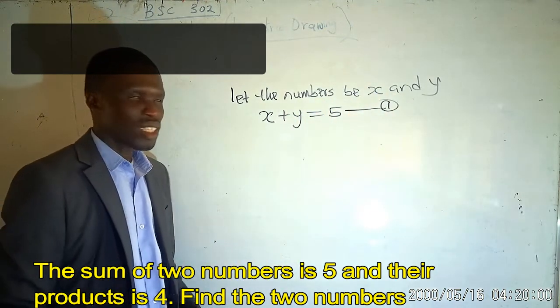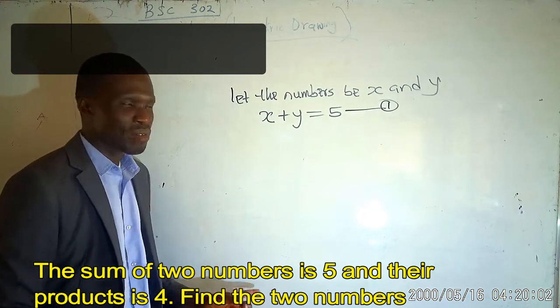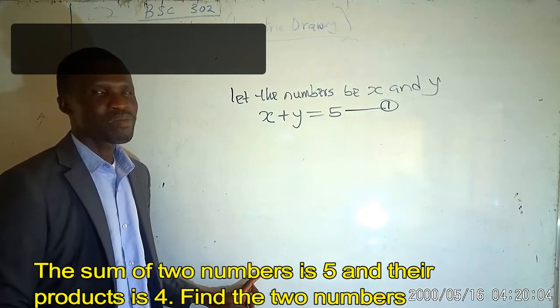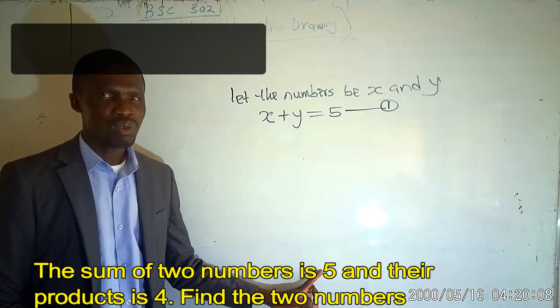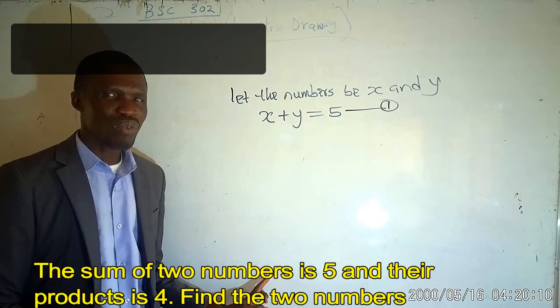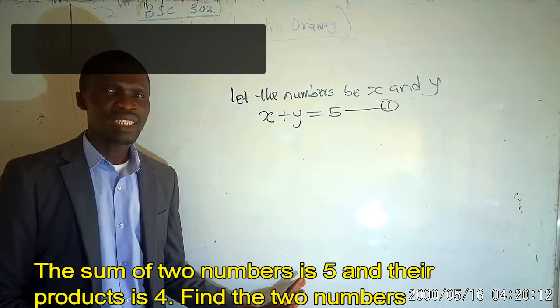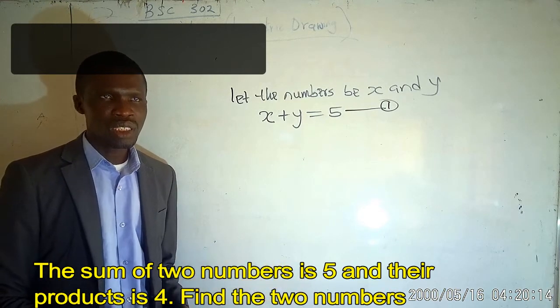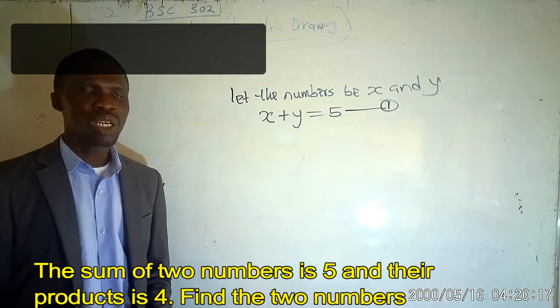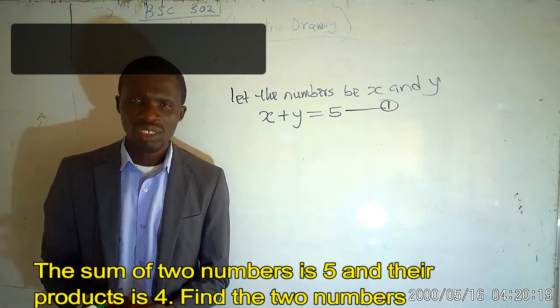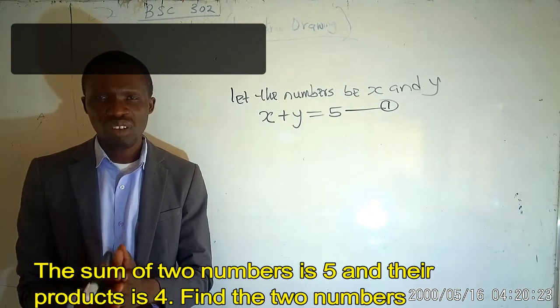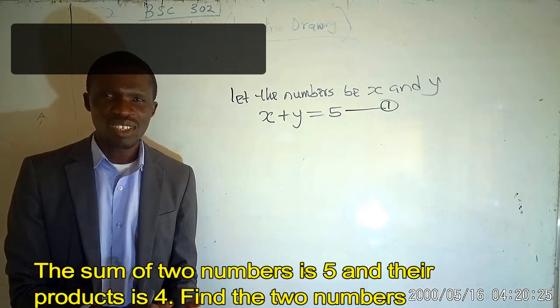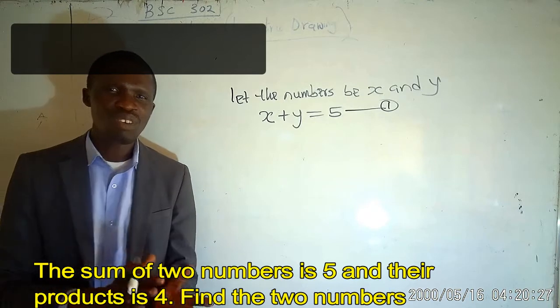Do you understand it? Now let's go back to the question again. Take a look at this. Their product is 4. The product of the two numbers is 4. And in mathematics, when you hear product, it is talking about multiplication. Product, multiplication. So in the word problems, we call it product.